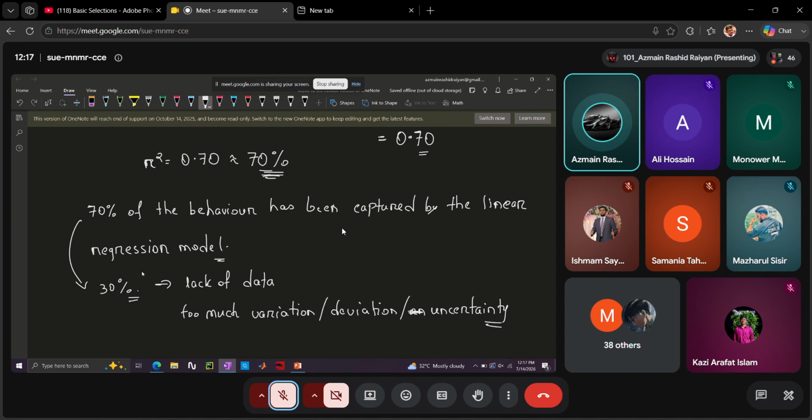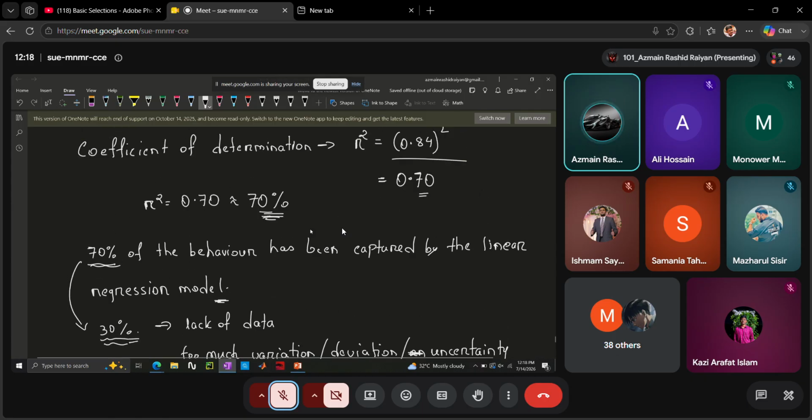Due to these reasons we could not capture the remaining 30% of the behavior, but the other 70% has been captured by the linear regression model. This is what the coefficient of determination actually implies. If I ask you what the coefficient of determination and the coefficient of correlation are, and give you a set of data, I think you will be able to find them in the exam hall, I hope.